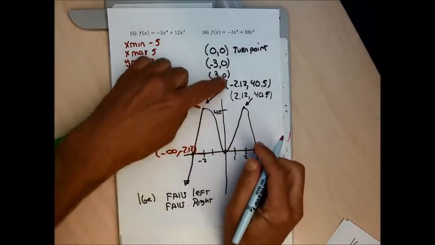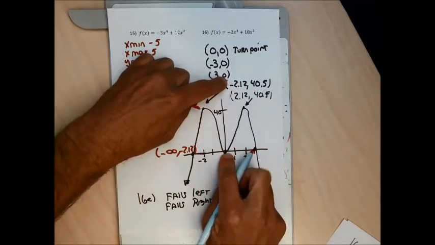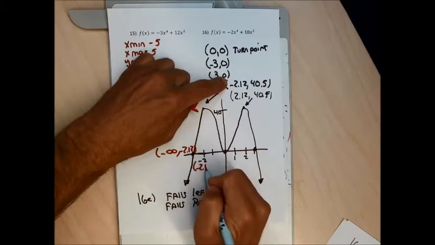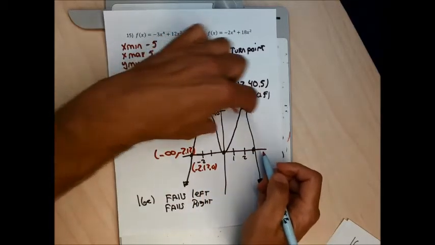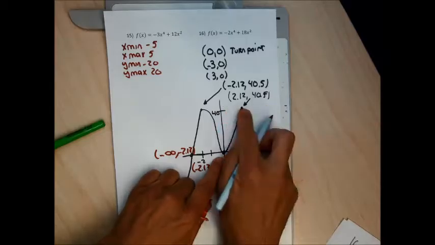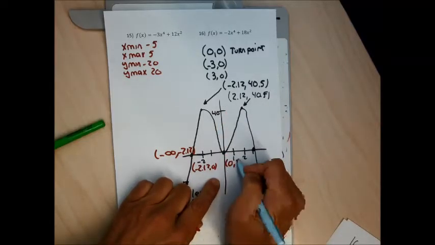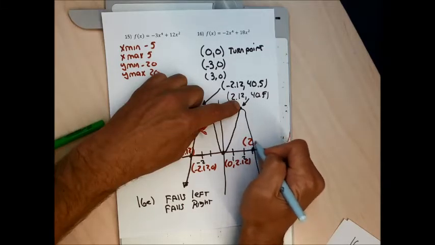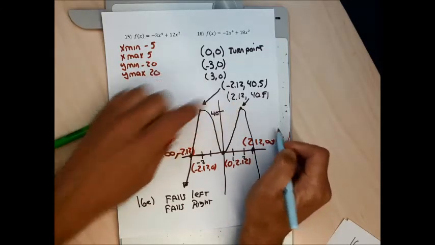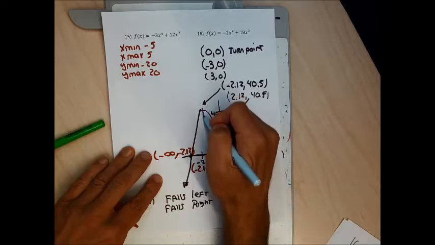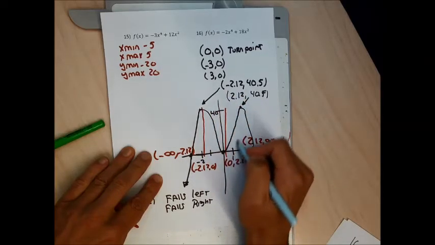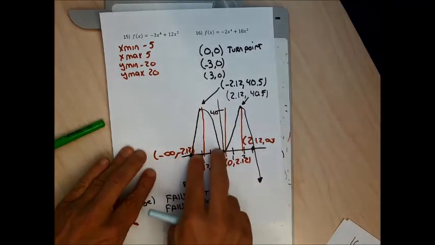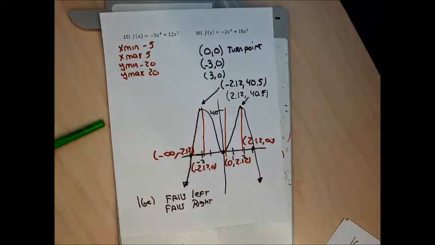The middle interval is going to go from negative 2.12 to 0. The next one's going to go from 0 to 2.12. And the last one's going to go from 2.12 to infinity. So I have 1, 2, 3, 4 intervals to worry about.